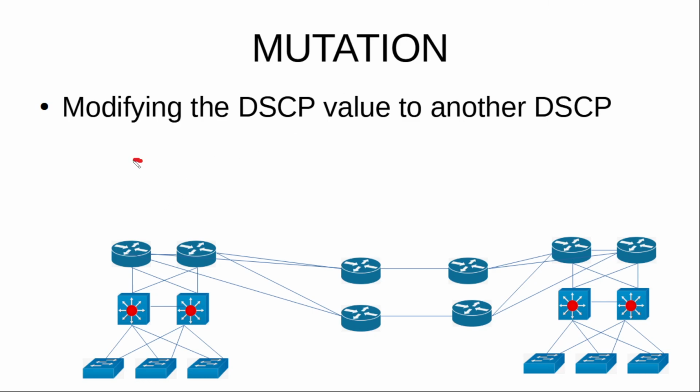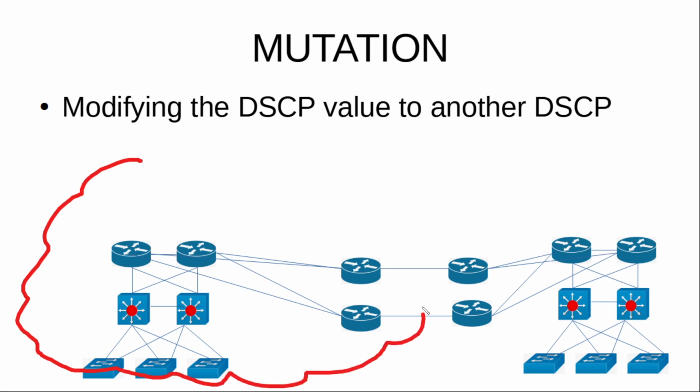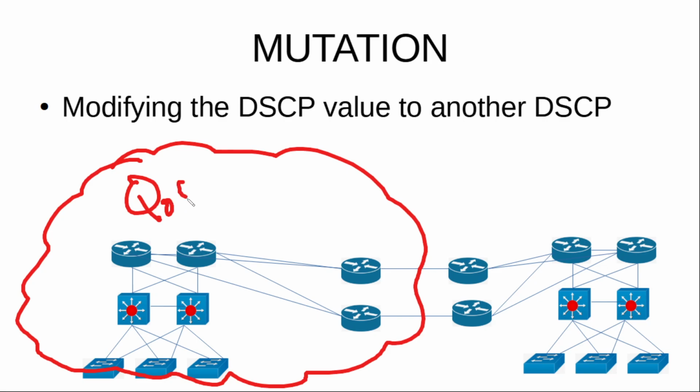Let's say that you are managing this set of devices and you are designing all the marking and classifying and resource assignment within this set of devices. So this is a quality of service domain. You are taking all the decisions and configurations for your traffic flows.